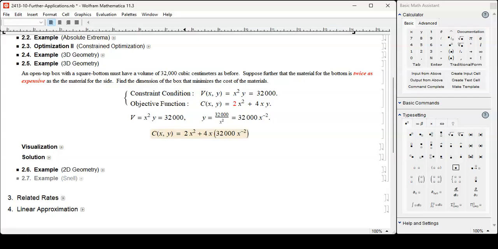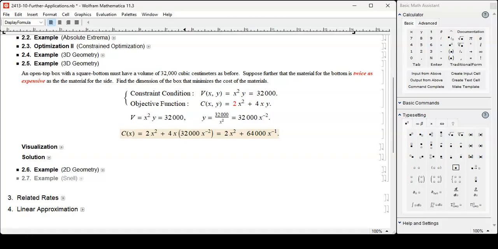Let's put some space in between. And this simplifies into 2x squared plus 4 times 32,000 times x to the negative first power only. And I don't have y anymore, so I can call it C of x.